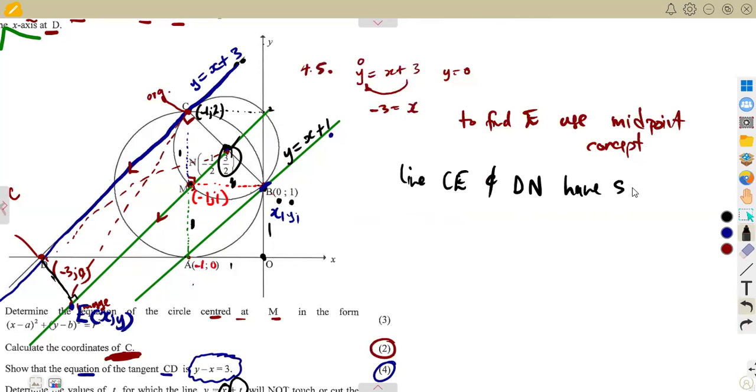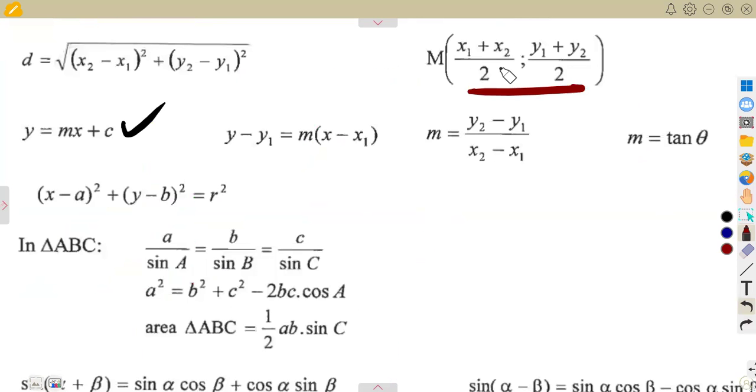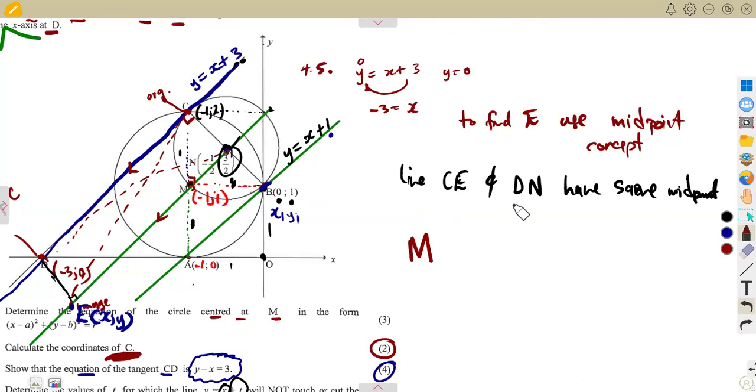They have the same midpoint. So let's calculate that midpoint using the midpoint formula: the x values added together divided by 2, the y values added together divided by 2. In this case, I'm going to use the line DN.